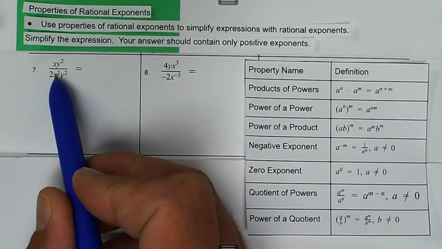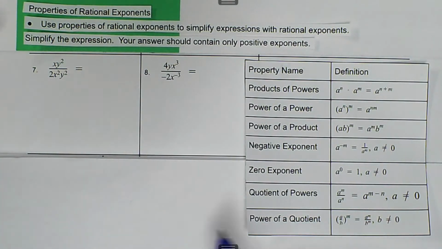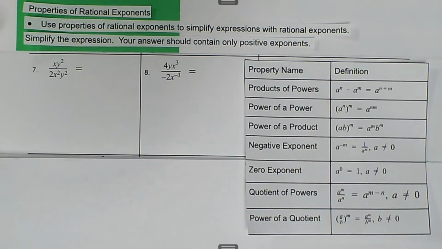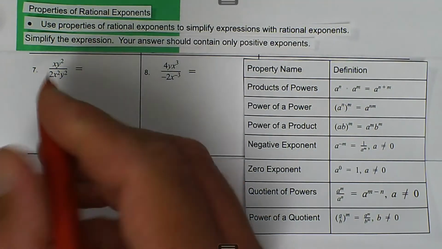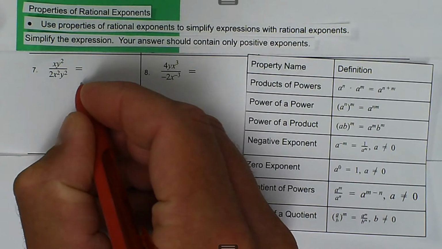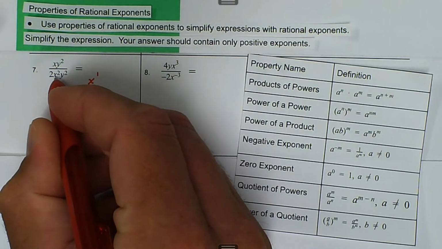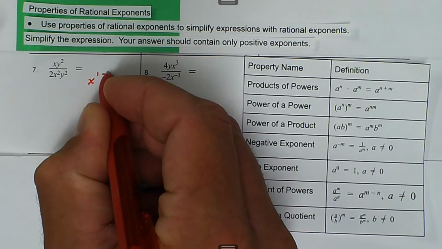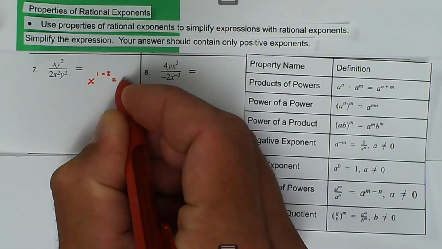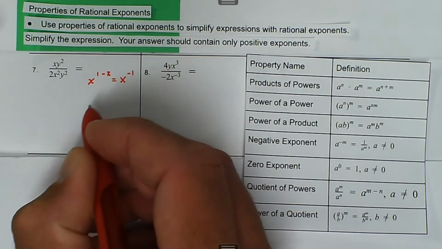So what I want to do is I just want to use the quotient of powers. If we have the same base in the numerator and the denominator, we can use subtraction. So I'm going to write those out right here. I have an x to the 1 in the numerator, and then an x squared in the denominator, so I'm going to subtract that, and we get x to the negative 1.